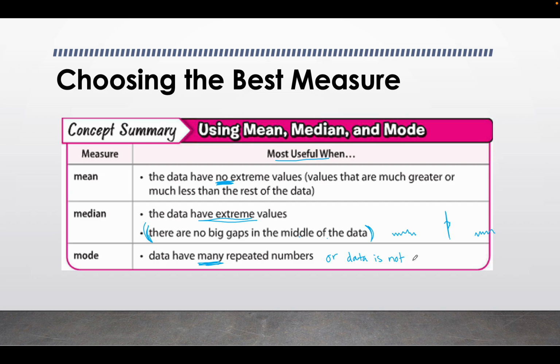So for example, if the data is more like how many people like the color purple or how many people like blue, you would pick the mode to describe which one is most favored. So we would use mode if the data is not numerical, if that makes sense. So mode is a tricky one because we don't use it too often as the best measure. It's usually going to be either mean or median.